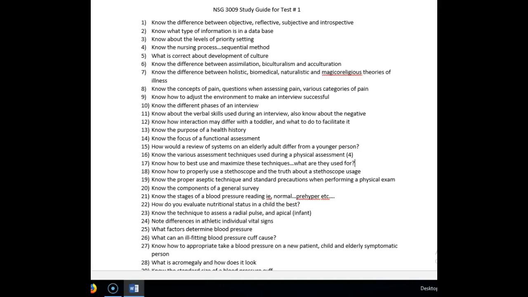A lot of times people have a normal vital sign because they've gotten accustomed to that particular pain. That is where we are as far as the pain and the categories of pain.